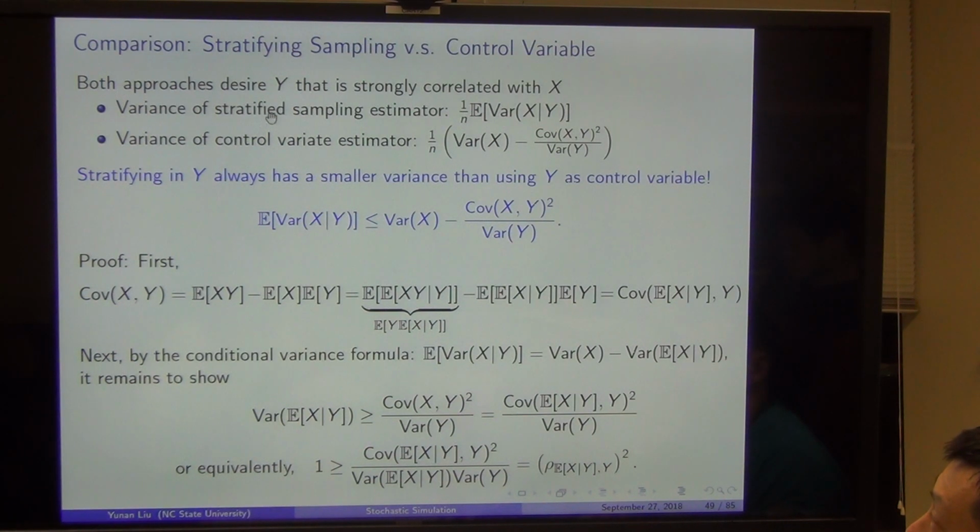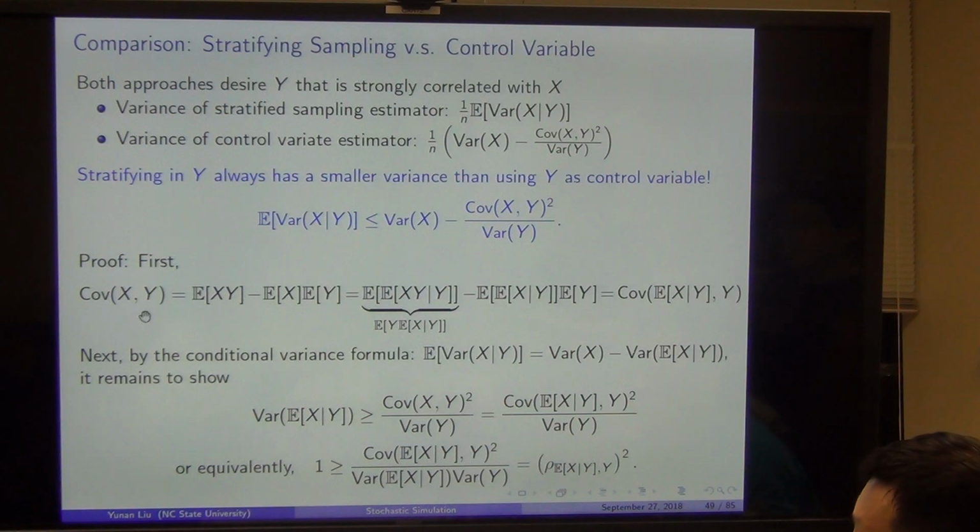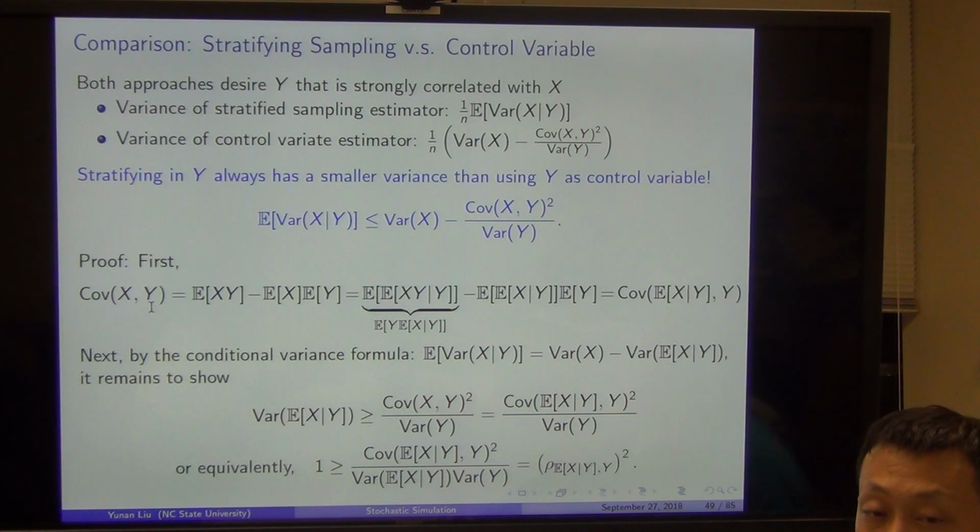The variance of the stratified sampling estimator is smaller than the variance of the control variate estimator, even if you choose the optimal c star here. You never beat this. Here's the proof. First, take a look at the covariance between X and Y, because you want the covariance to be non-trivial, non-zero. The covariance is equal to E[XY] minus E[X] times E[Y].